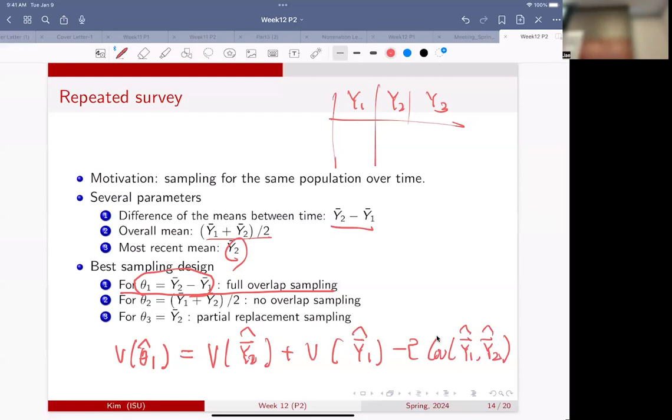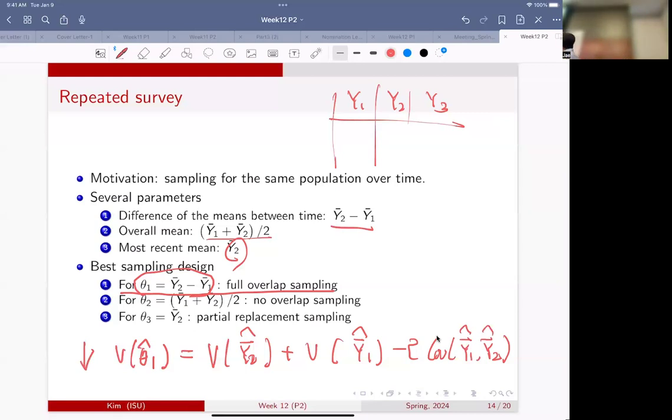Because this is the mean difference, the variance of the estimate will be the variance of this guy plus the variance of this guy minus the covariance. And you want this variance to be low.